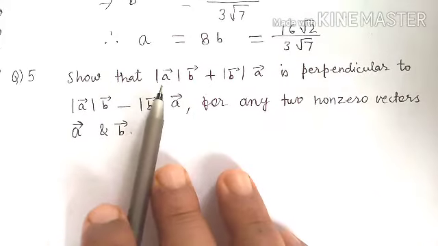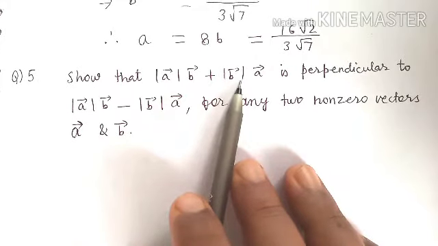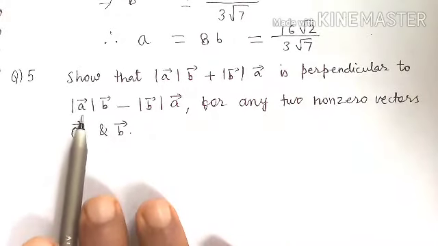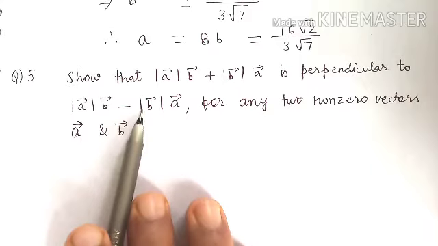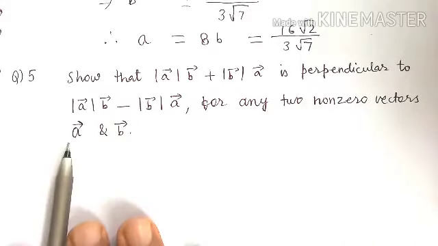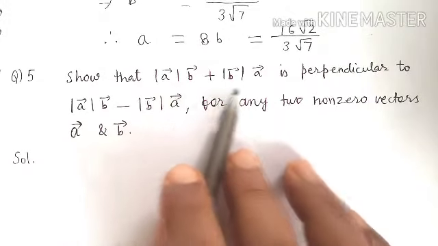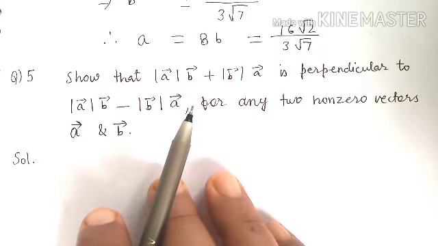Now prove that the magnitude of vector A times vector B plus the magnitude of vector B times vector A is perpendicular to the magnitude of vector A times vector B minus the magnitude of vector B times vector A, for any two non-zero vectors A and B. We take the dot product of these two vectors, and that comes to 0.